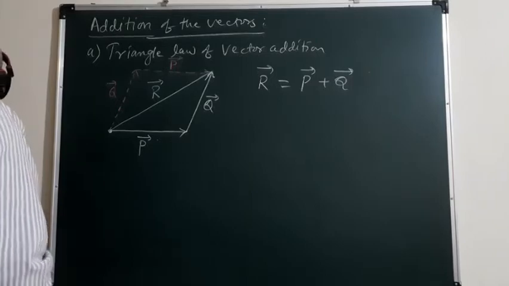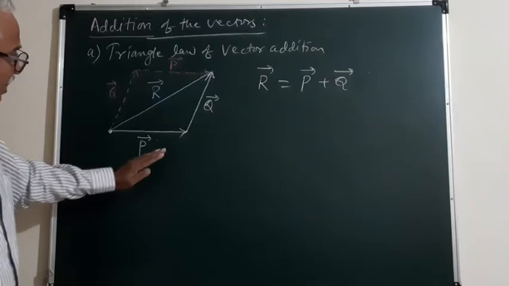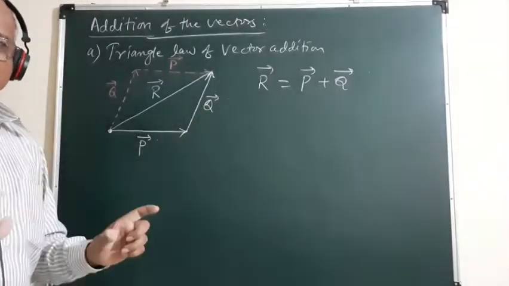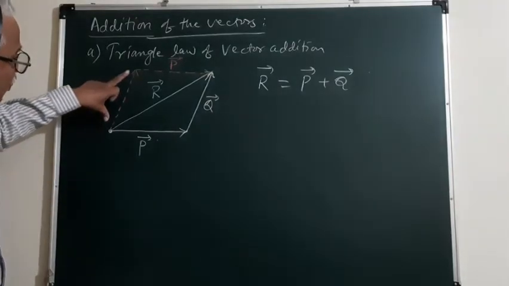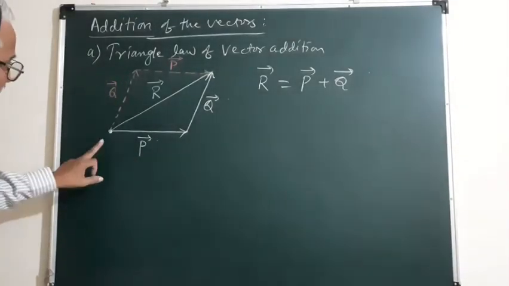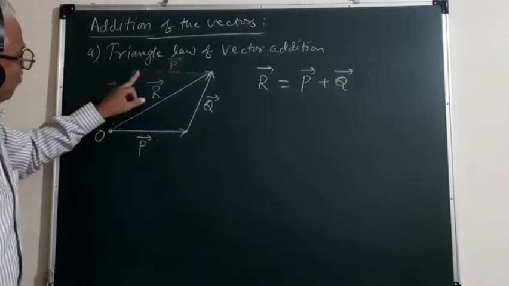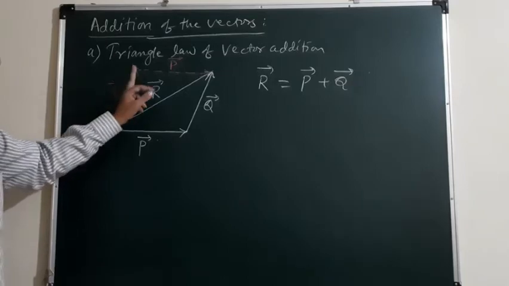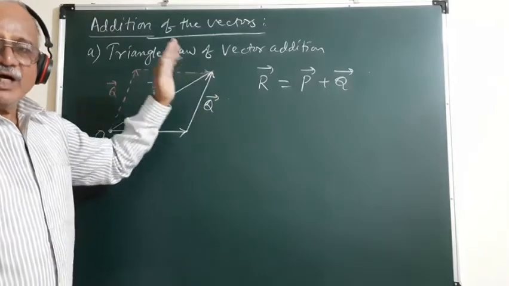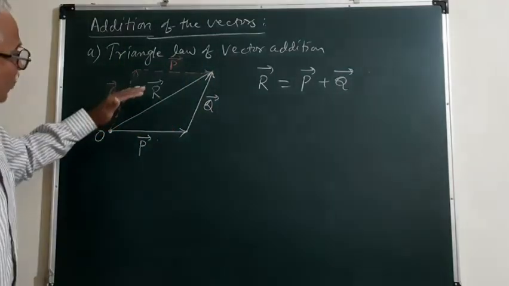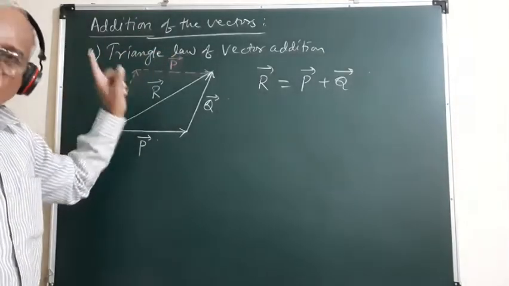So what we observe here is that if the two given vectors p bar and q bar are arranged in such a way that first we draw the vector q bar starting from this point, say O, and from the end point of vector q bar we draw the vector p bar in its magnitude and direction, then the vectors q bar and p bar are arranged in order.